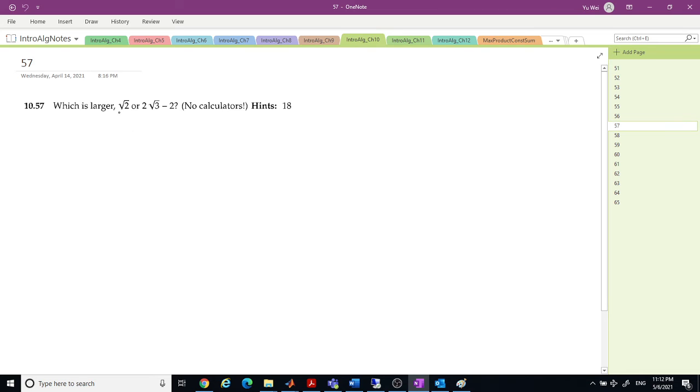Okay, next. So which is larger, right? We need to compare this one versus 2 root 3 minus 2, right? So let's do the equivalent, divide by 2 on both sides. So 1 over square root 2, root 3 minus 1. Then equivalently, because both are greater than 0, right, we can just do a square.